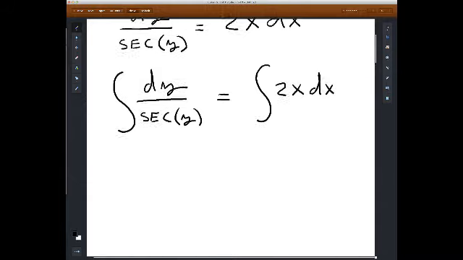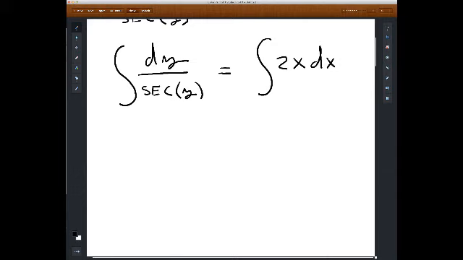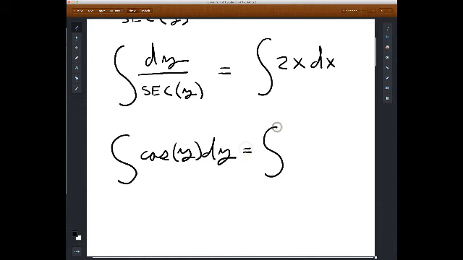Okay, so now the secant of y, we can write that as 1 over the cosine. So really we can write this left-hand side as the integral of the cosine of y with respect to y has to be the integral of 2x dx.